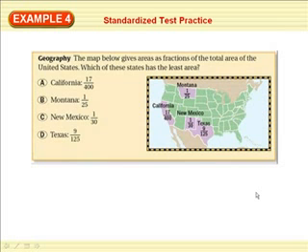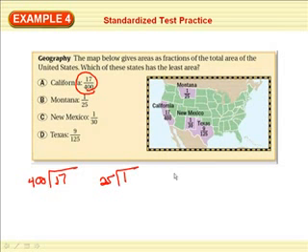So on A, this would be 17 out of 400. You would take 17 divided by 400. This one you would take 1 divided by 25. This one you would take 1 divided by 30. And this one you would take 9 divided by 125.